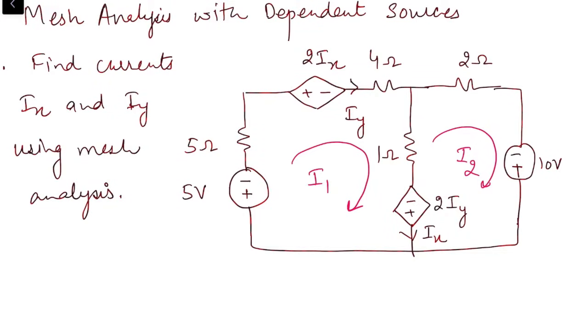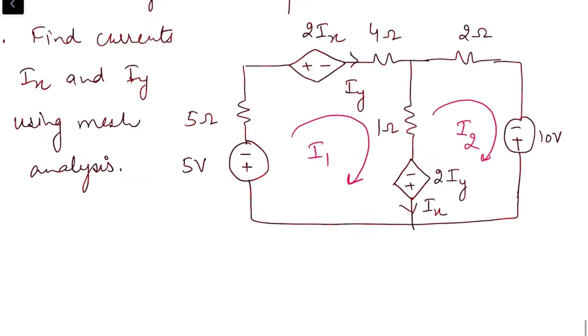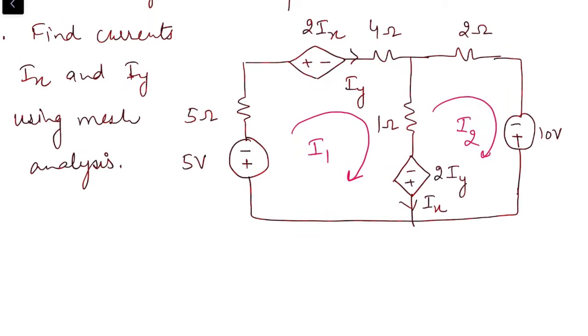After assigning the mesh currents, the next step is we need to express the controlling quantities. Now what are the controlling quantities? For this source, Ix is the controlling quantity, while for this source 2 into Iy is the controlling quantity. So it means we need to write Ix and Iy in terms of I1 and I2.